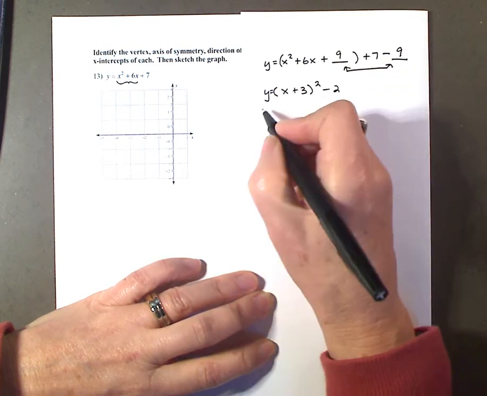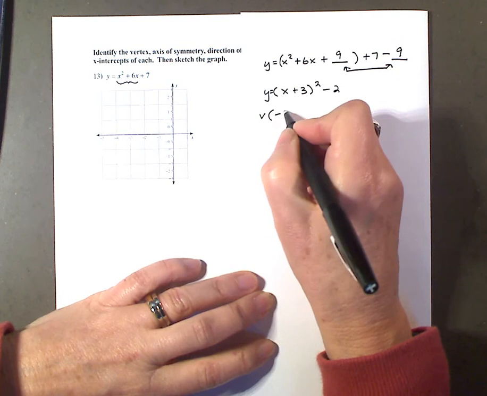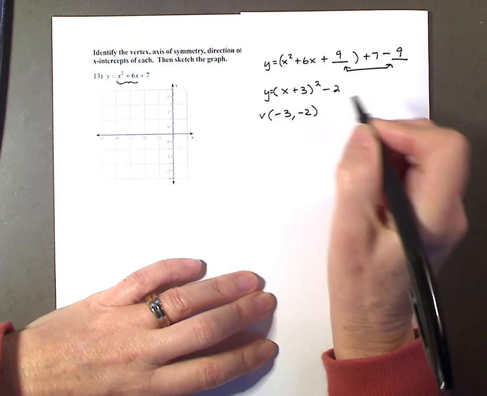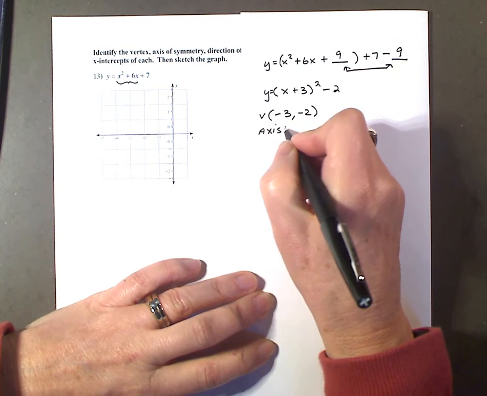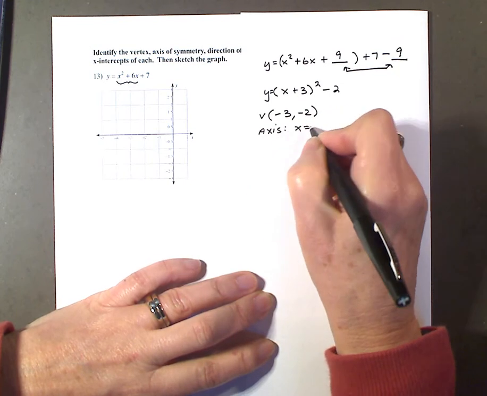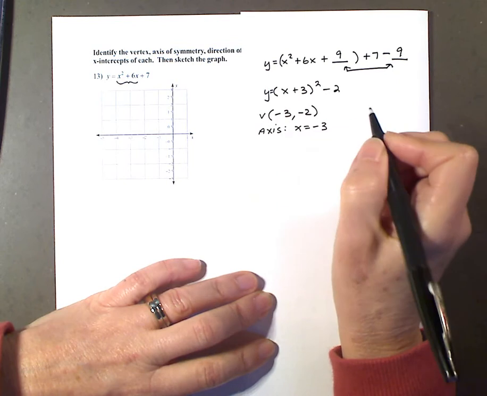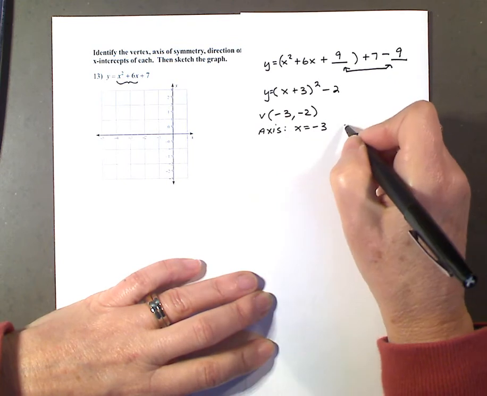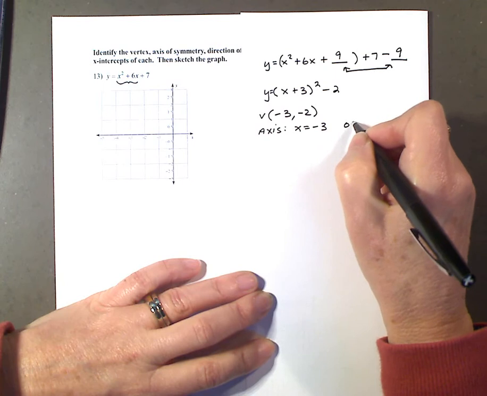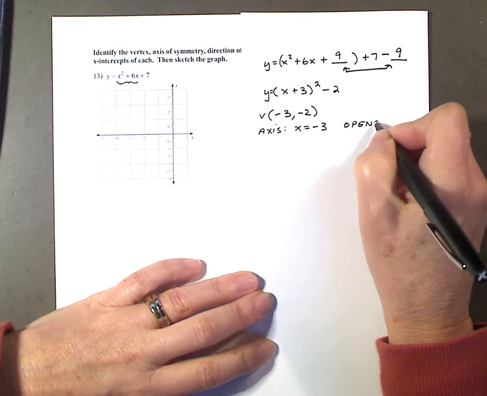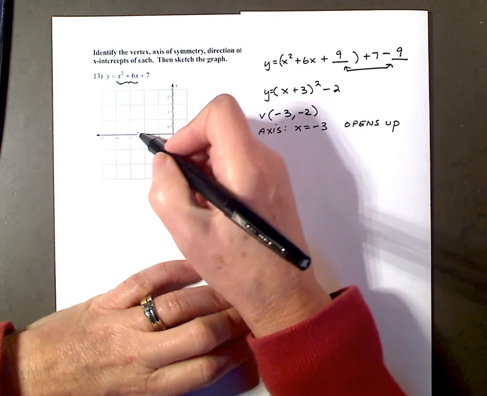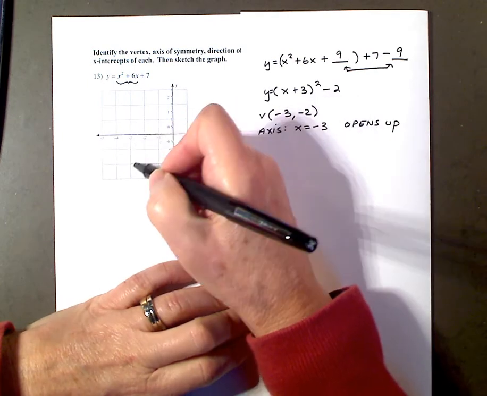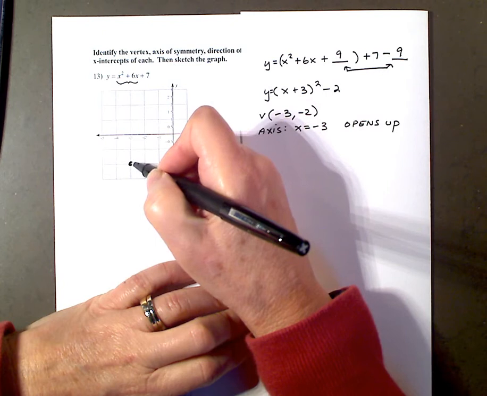So we get a vertex at negative 3, negative 2. The axis of symmetry goes through this vertex, and it's a vertical line at x equals negative 3. This a is positive, so this parabola is going to open up. So I'm just going to sketch in negative 3, negative 2 on my graph as the vertex.